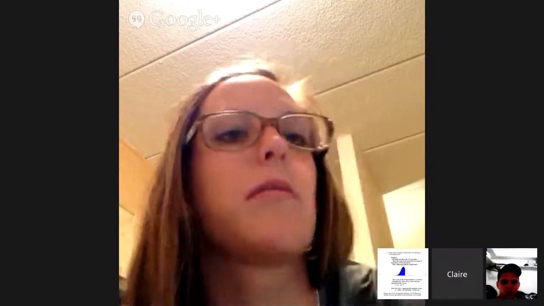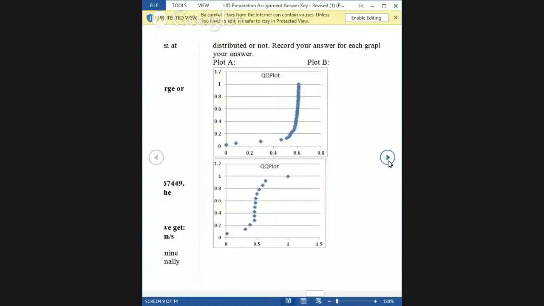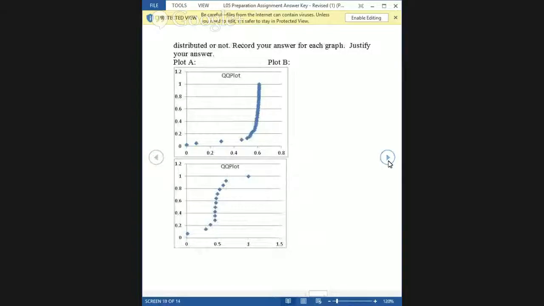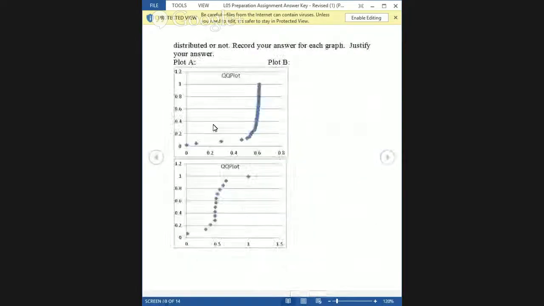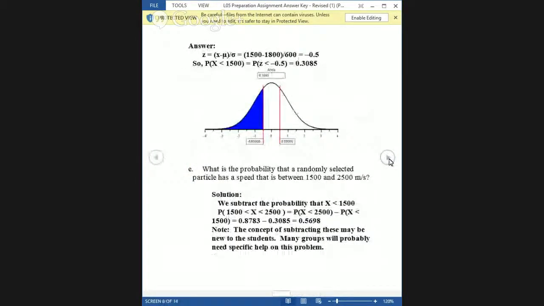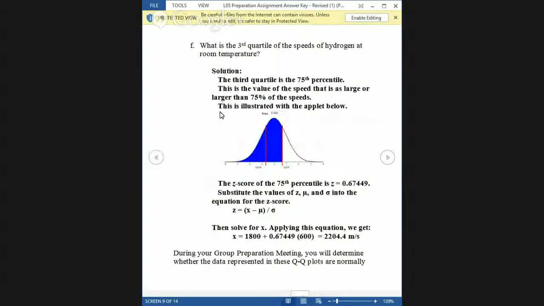Oh, you're right. Keep going to those graphs. Yeah, it doesn't show anything, I don't think. Oh, that's it. Okay. It just says plot A, plot B. Okay, that's boring. F really starts right there.